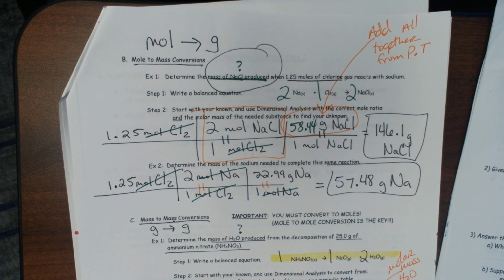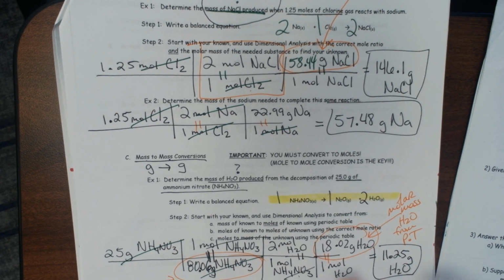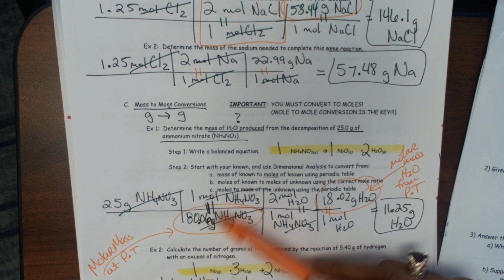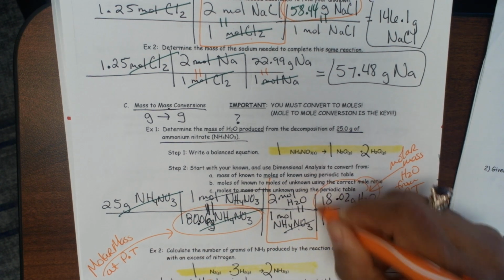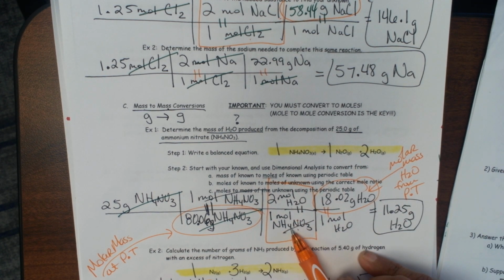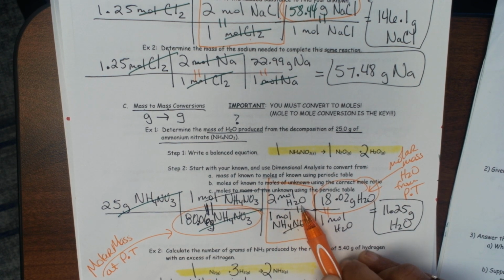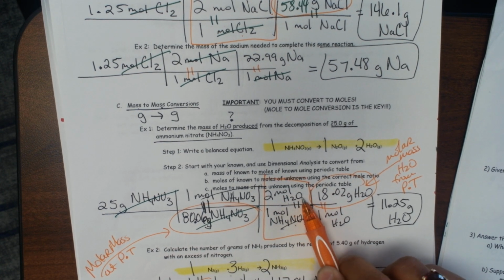This is our mole conversions or a mole ratio that we did on page 1. Then we said, let's go from mass to mass. We still had to go through the mole conversions and figure out where to bridge over, and this is where I go from NH4NO3 to H2O. This is where I'm changing my elements or my compounds.